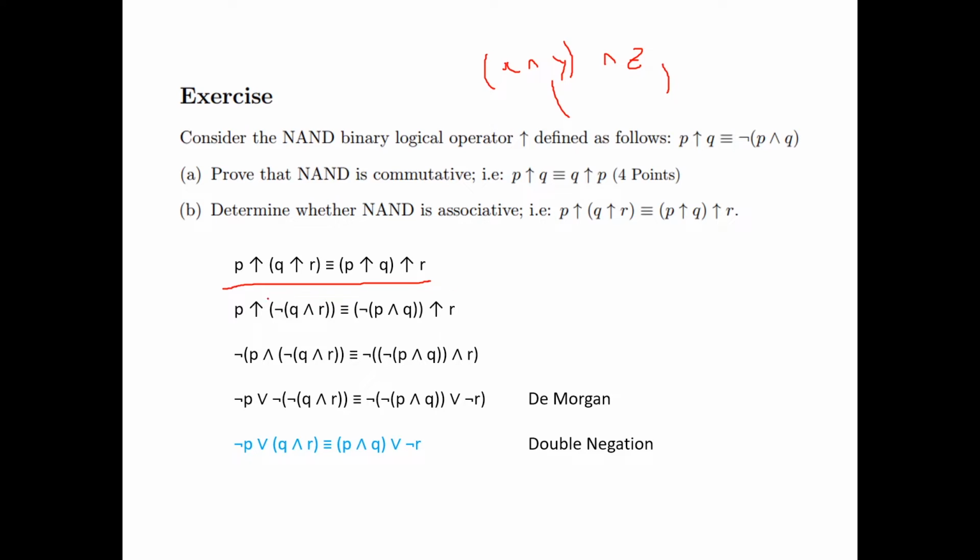Okay, so step 1, just replace Q and R here and replace this guy here. Step 2, just as the implication, you can now assume that this guy is just some element, alpha. So you can now simply try to do P NAND alpha.